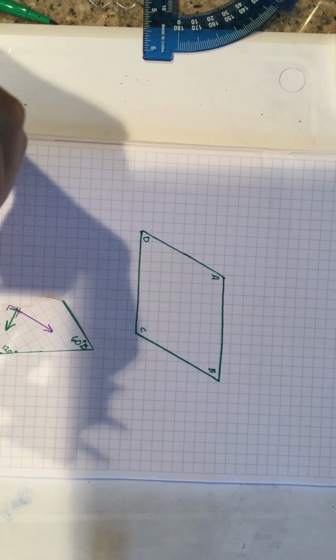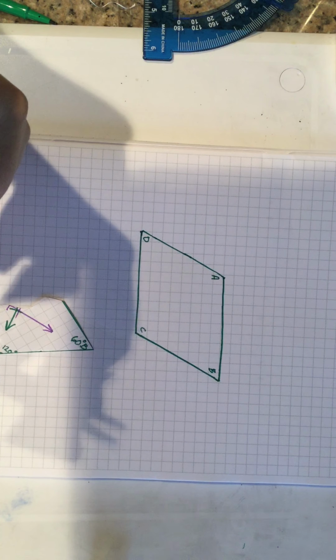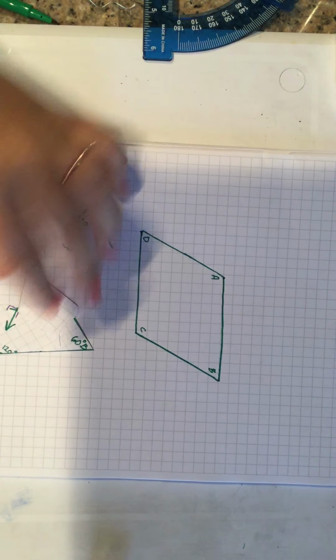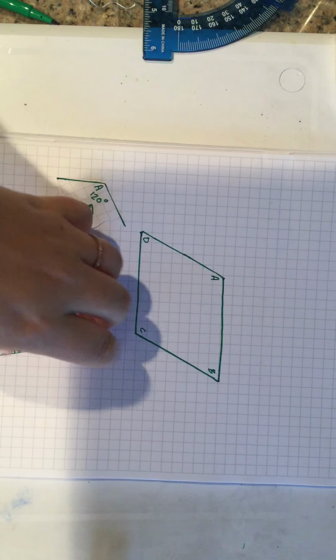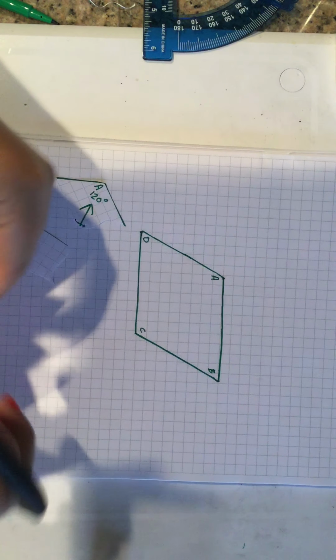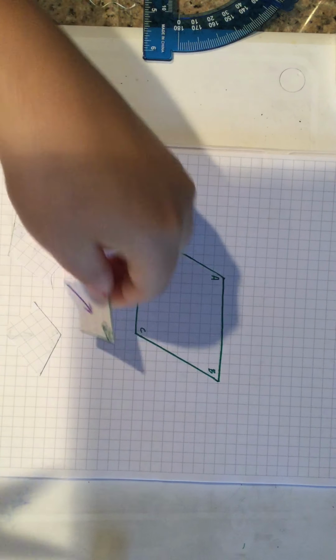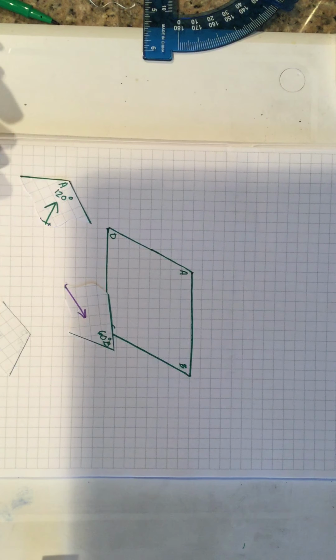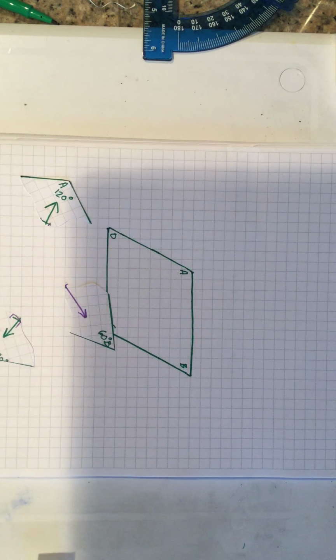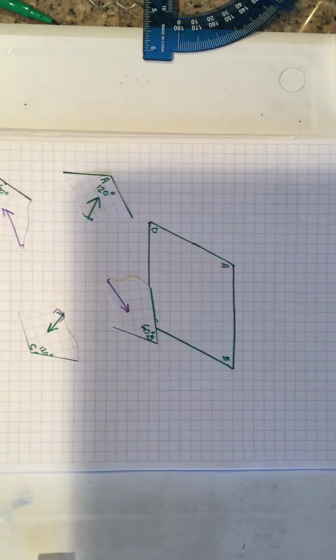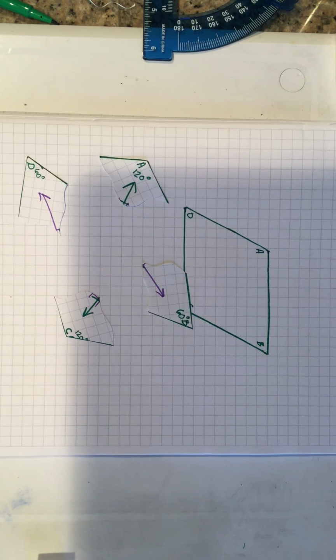And then there's that one. And wavy cut. That one. Okay. So we have A, B, C, and D.